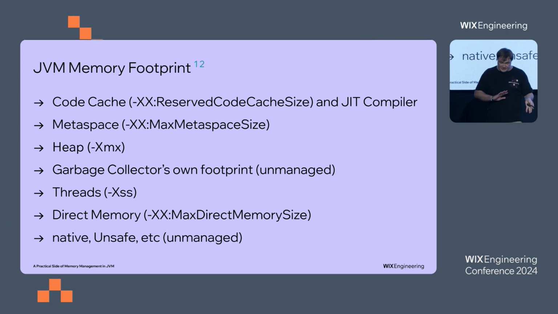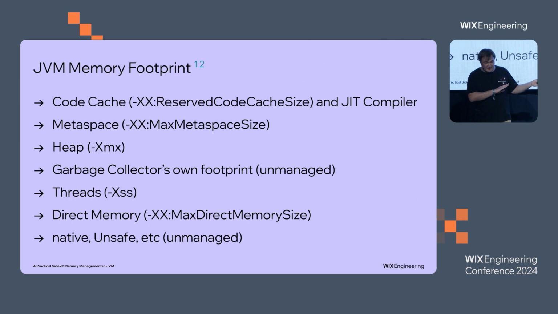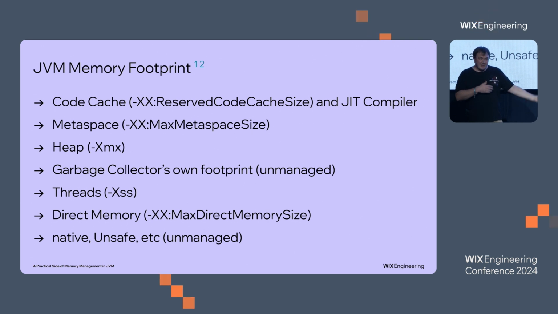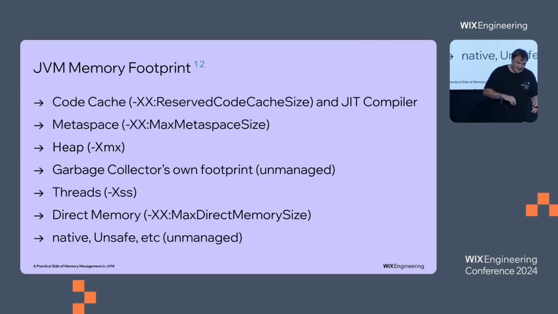Direct memory is controlled by an option, but also we have native allocations, we have the Unsafe class, and other stuff that is provided by the operating system. For example, if you open a connection, the operating system will also allocate some memory for internal buffers and so forth.